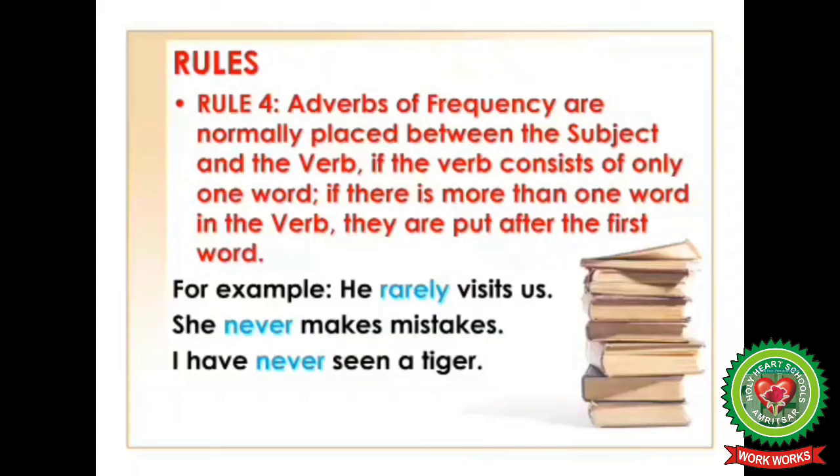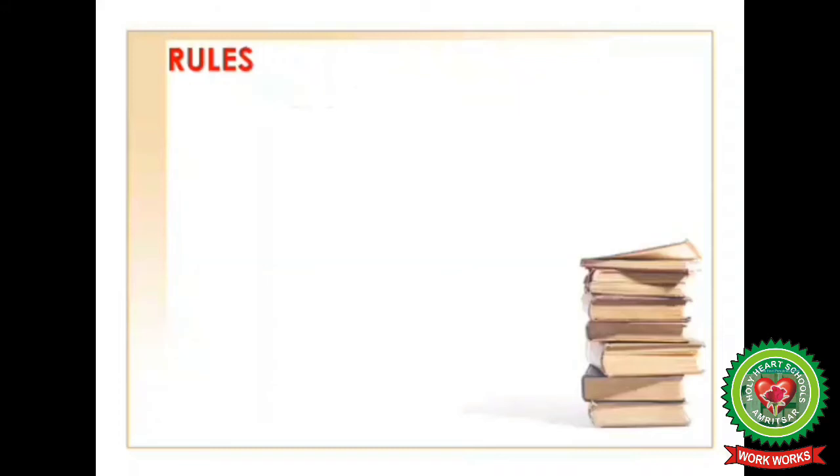First, have, which is an auxiliary verb or a helping verb, and second, seen, which is the main verb or the principal verb. So, never is placed between the helping verb and the main verb. So, never is placed between have and seen. So, the sentence is, I have never seen a tiger.